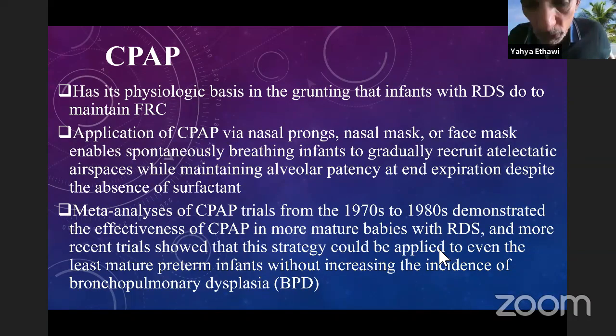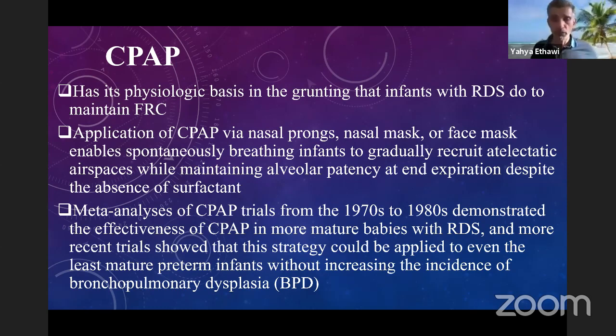How do we improve functional residual capacity? We provide CPAP. Now, CPAP for RDS is a little bit different than CPAP for TTN, because in TTN the risk of air leak is higher than in RDS with CPAP. We can use CPAP of different types. We have 3 types.